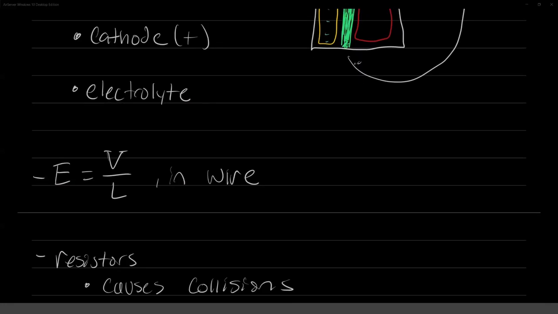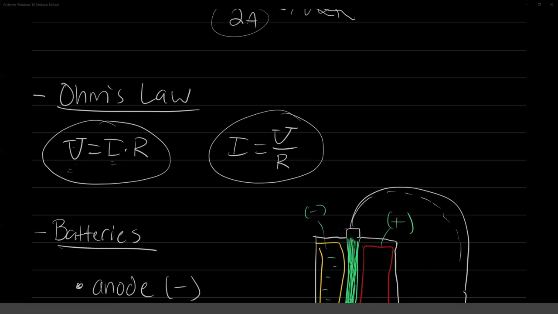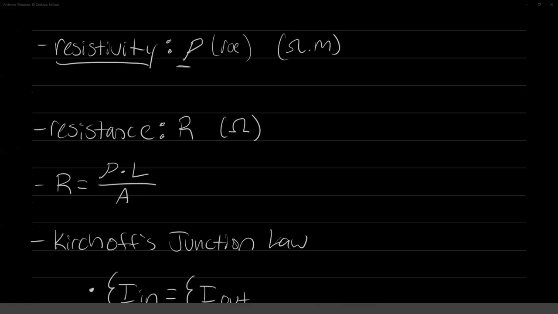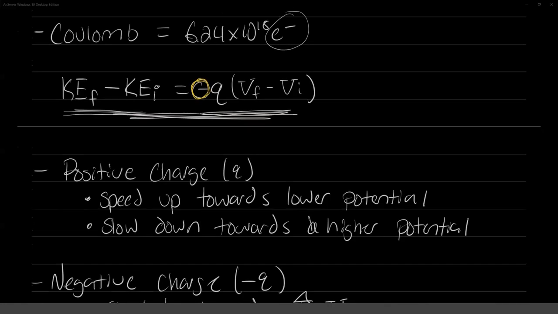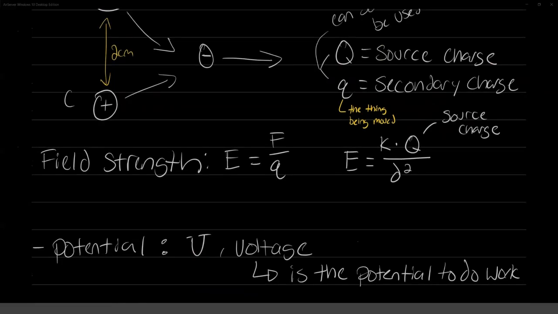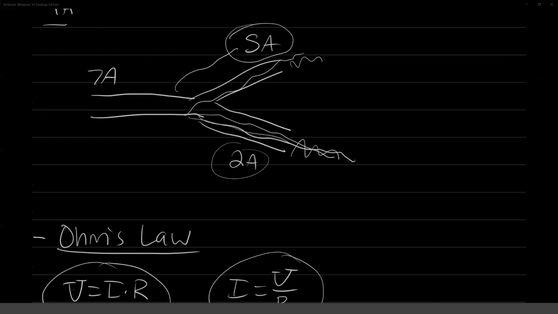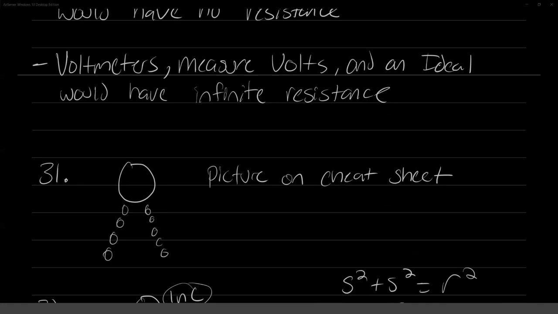We don't have a voltage or anything, right? This is the equation I think we need for this one. We have our constant, 9 times 10 to the 9th, our source charge, and the distance squared. We have all those elements here, so I think I can use that one.